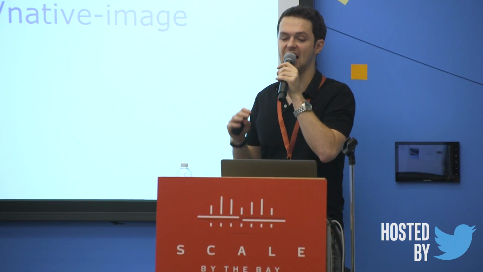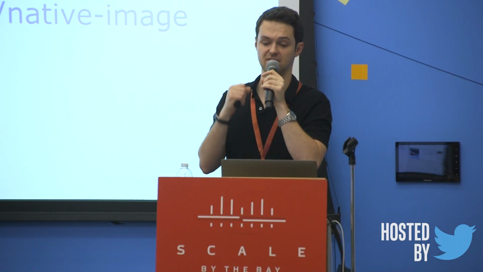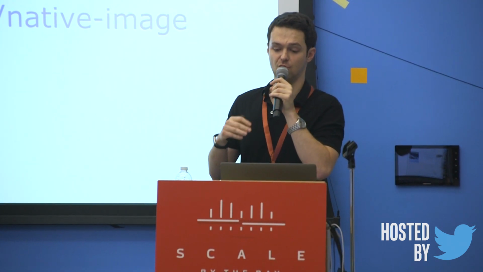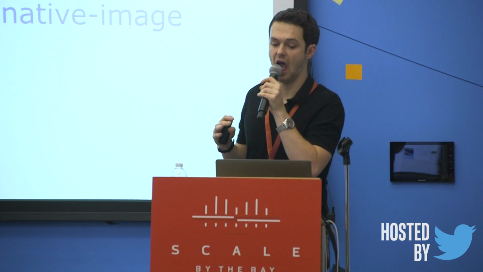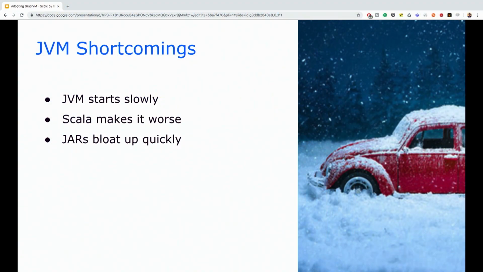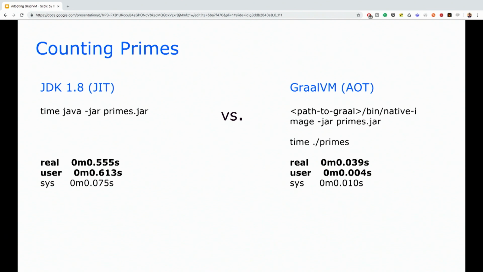So you really get a single statically linked executable out of it, which is pretty cool. To do so, you just need to take your jars or class files or whatever and use the native image binary, which is shipped with Graal. And this may be quite an elegant way to solve some typical JVM shortcomings, like slow starts or massive jars or things like that.